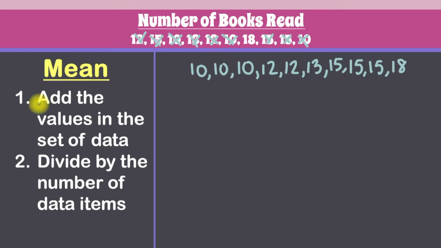Knowing that, let's get to step 1, which is to add the values in the set of data. It's a good idea to add your numbers 2 at a time, just to make sure you don't make any mistakes. So we've got 10 plus 10. Then 10 plus 12.